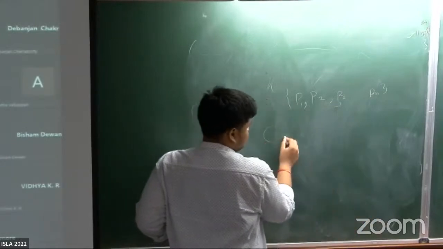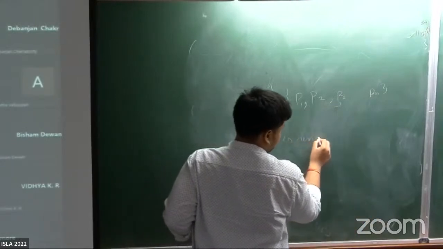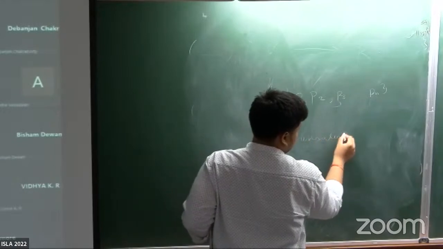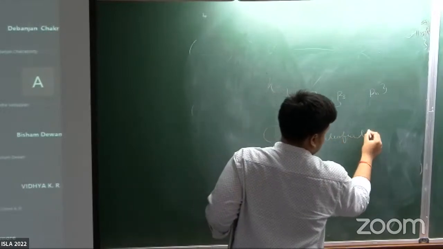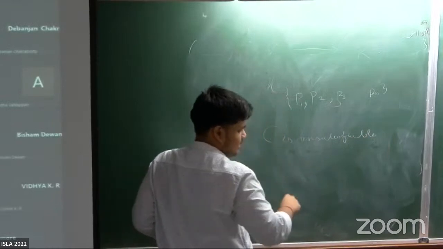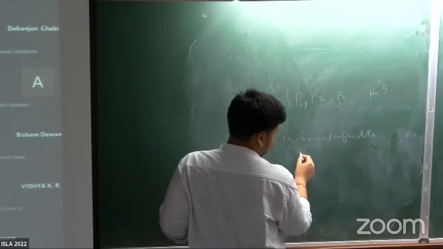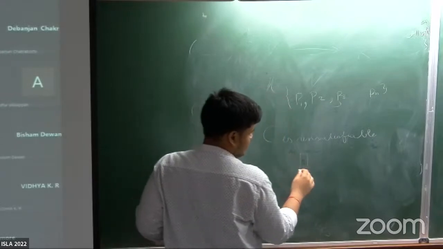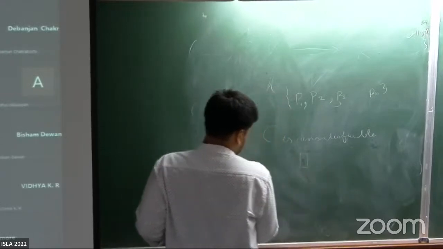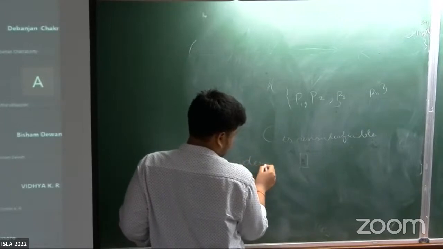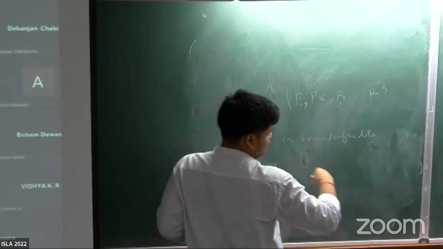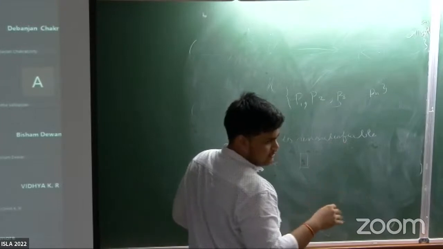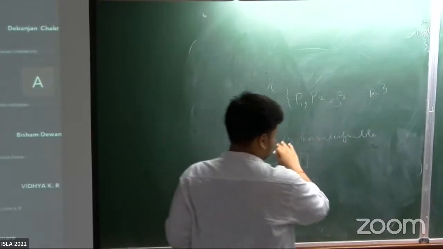If C is unsatisfiable, then I can derive the empty clause from it. The empty clause is represented by this box, so using the construction of the tree, I can derive this from C.